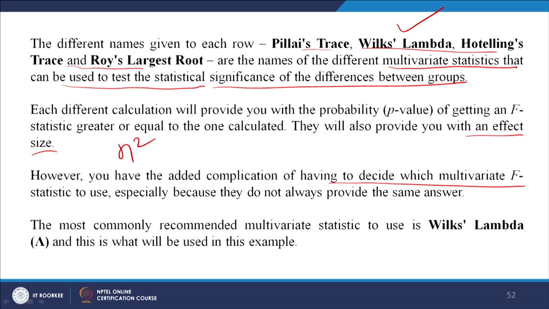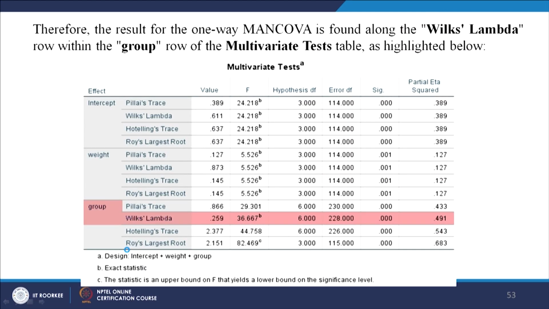However, you have added the complication of having to decide which multivariate F statistic to use. The most commonly recommended is the Wilks' lambda. I would have said this, but I have kept it in the PowerPoint so that you can read it later and understand it. Therefore, the result for the one way MANCOVA is found along the Wilks' lambda.